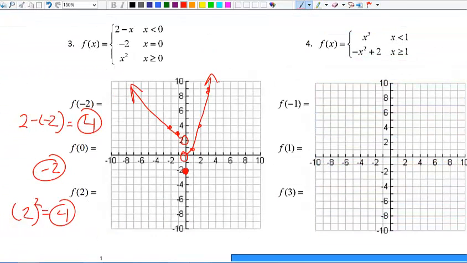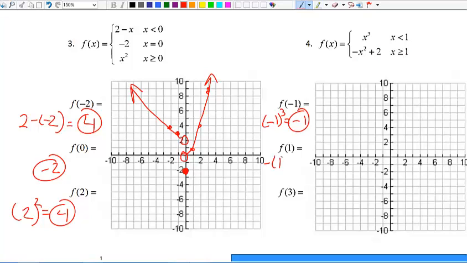And then number 4 is the last one. I'll kind of hold your hand and walk you through. So looking at negative 1, that I get from the top. So that'd be negative 1 cubed, which is negative 1. For 1, looking at the symbols, x is greater than or equal to 1, so that would be the bottom equation.